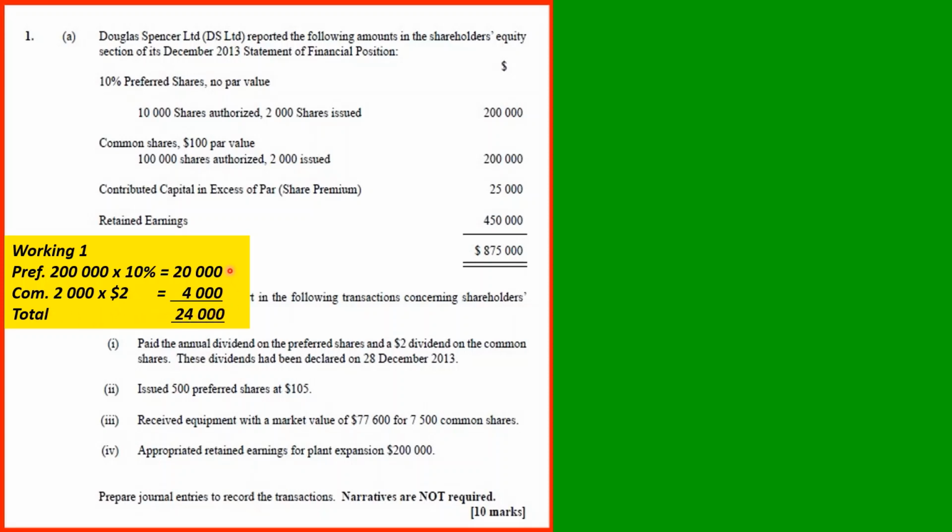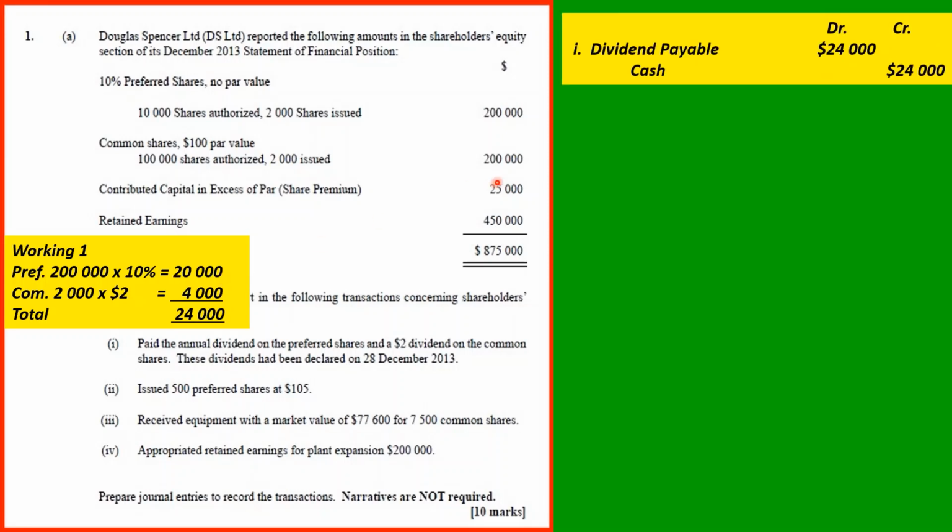When we do the journal entry, we can do it in total, 24,000, or we can do it separately. The journal entry would be dividend payable 24,000, cash 24,000.